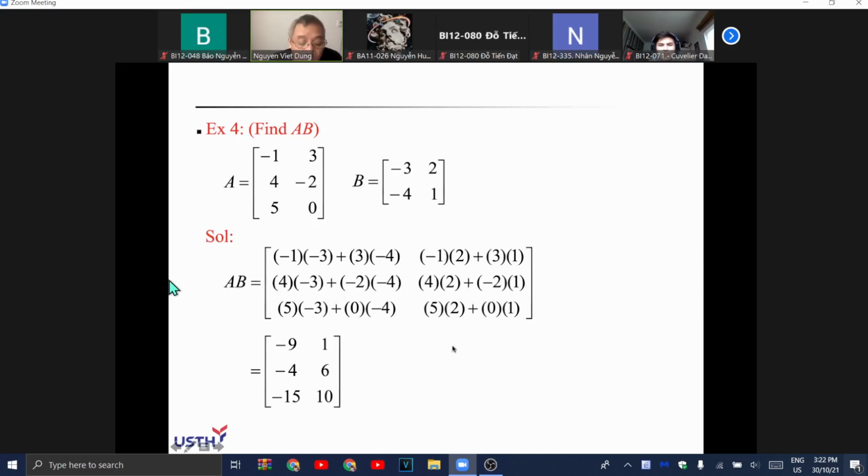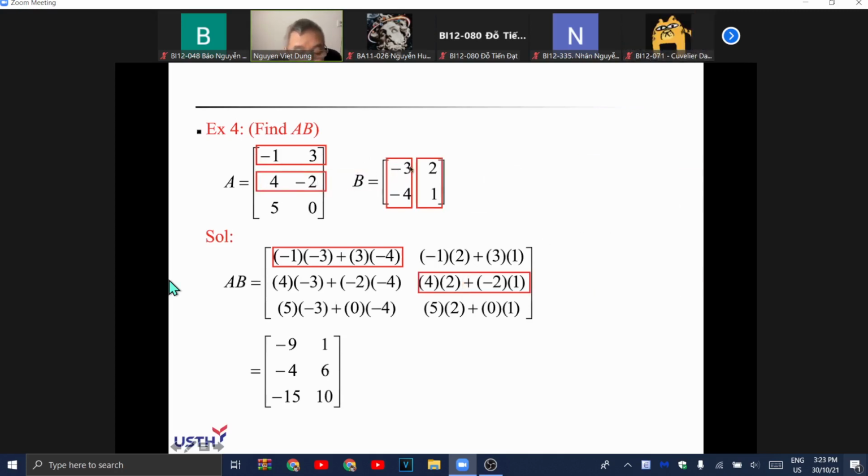But I want you to look in detail. That one, the first entry here, how do we get it? We take the first row here and the first column here. We multiply corresponding entries. We get that one. We continue by taking the second row here and the second column here.